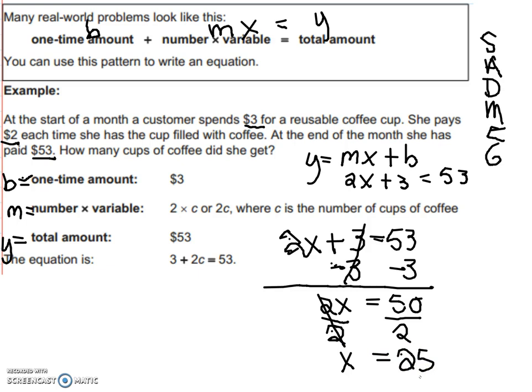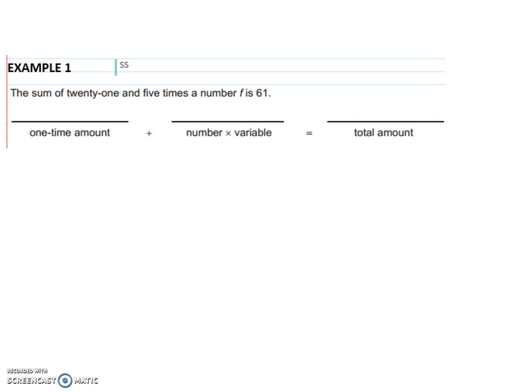All right, let's look at another one. It says the sum of 21 and 5 times a number f is 61. So my one-time fee is going to be 21. 5 times a number, well, that's going to be 5f. Is a keyword for equals 61. So I have 21 plus 5f equals 61.